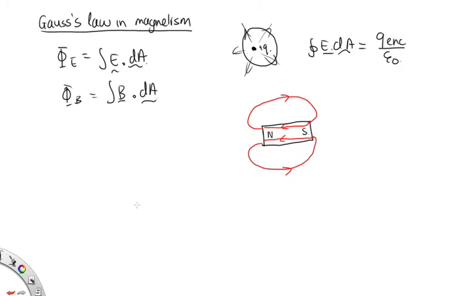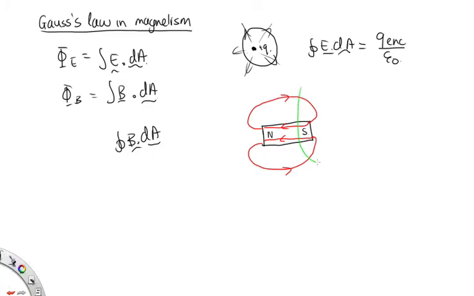So now let's consider drawing a closed surface around our magnet, and let's see if we can draw one such that we have more lines entering or leaving it and not an equal number.